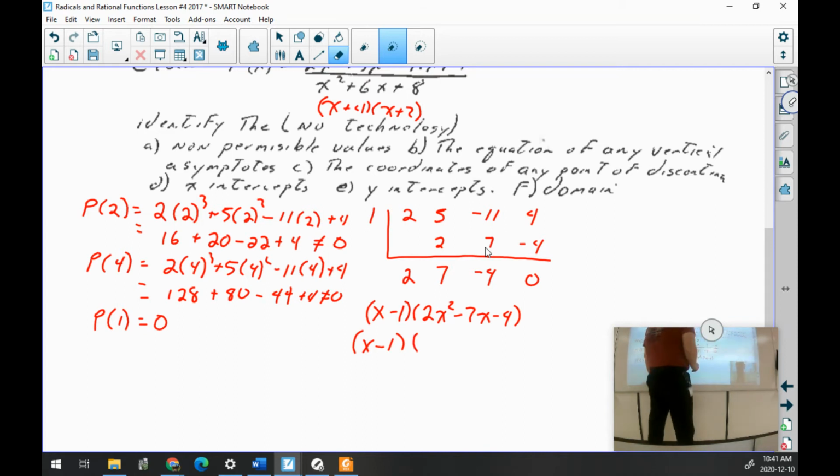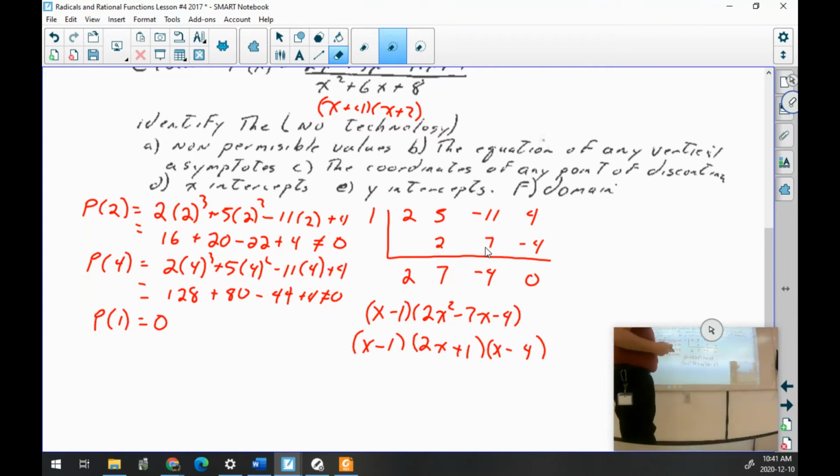Two numbers that multiply to -8 and add to -7. I am going to quickly just do this by trial and error. I need a -4 over here and a +1. And I'm going to test to make sure that works out. Yes, it does.